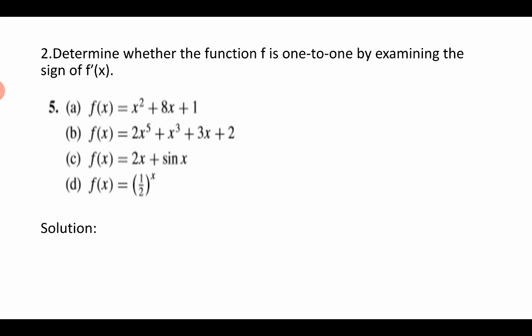What is f prime for C? Which is 2 plus cosine x, because when you differentiate sin, it will be cosine x, isn't it? There is no need to find the interval, because for any value of x, cosine is either positive or negative 1 at maximum.